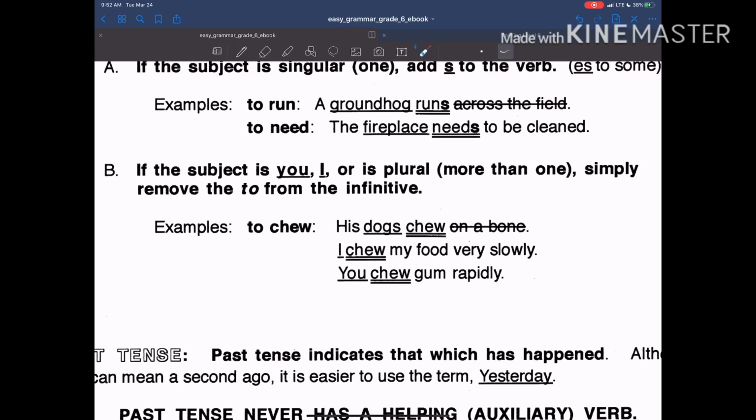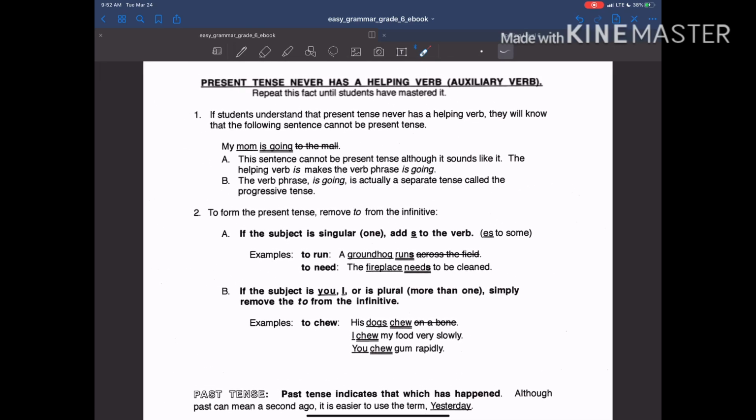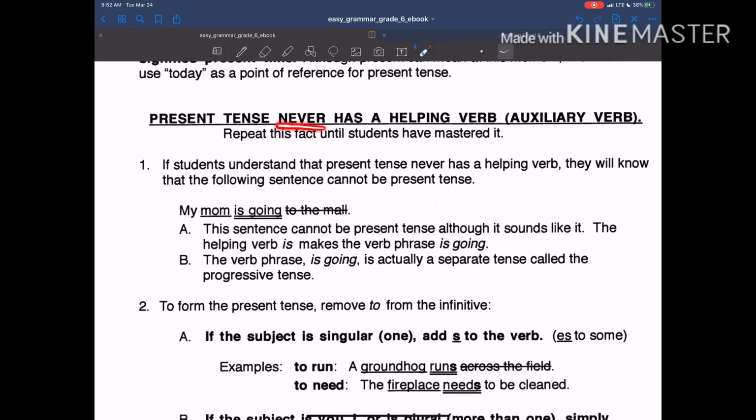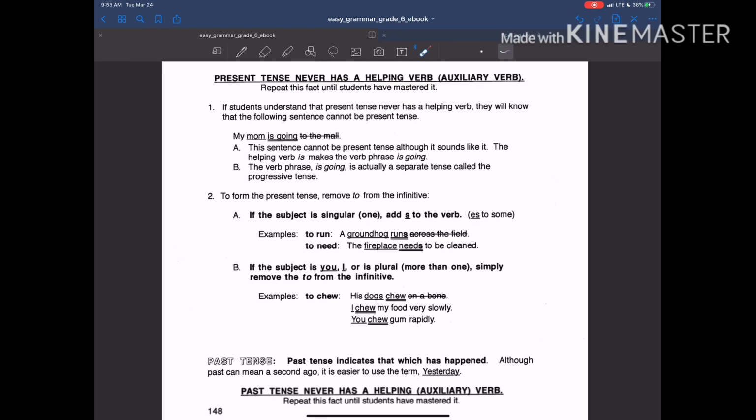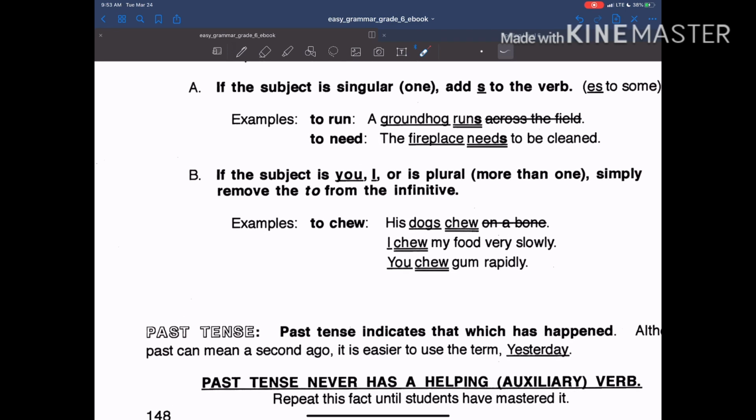I chew. It is using an I, so we take off the s. You chew. It is a you, so we take off the s. Okay? Remember that present tense never has a helping verb. Okay? So if you see a helping verb, it cannot be present tense.